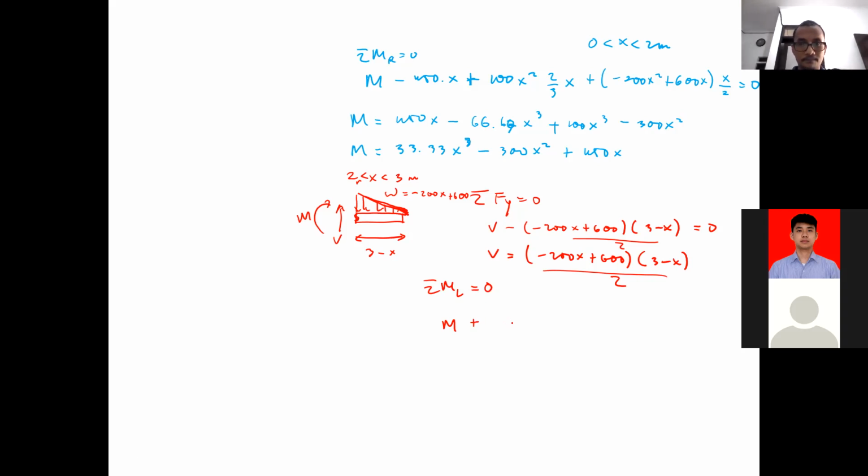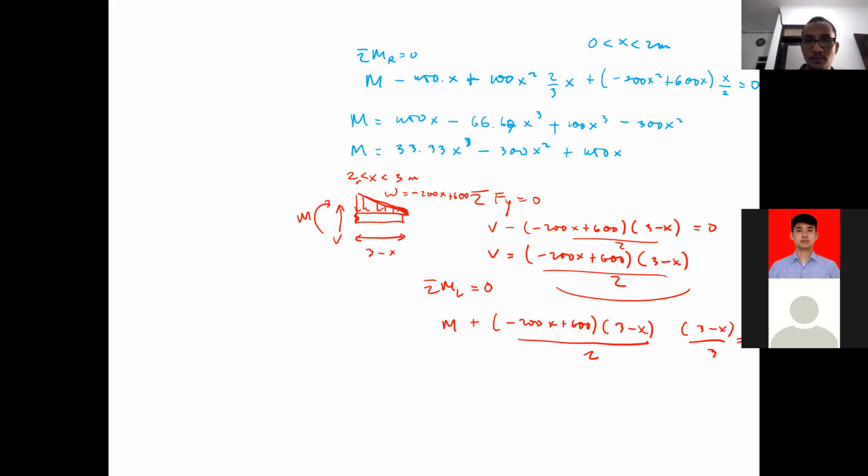Moment plus the area, yes, the area of the triangle again. So it's actually the same as the phi here, right? It's supposed to be minus 200x plus 600 multiplied by 3 minus x divided by 2 multiplied by the distance. What is the distance from the left edge? 3 minus x over 3. Yeah, correct. 3 minus x over 3. Supposed to be equal to 0.